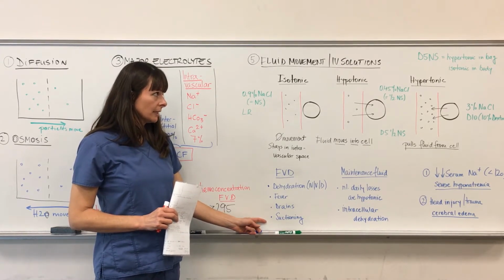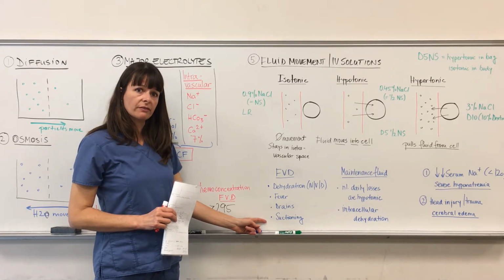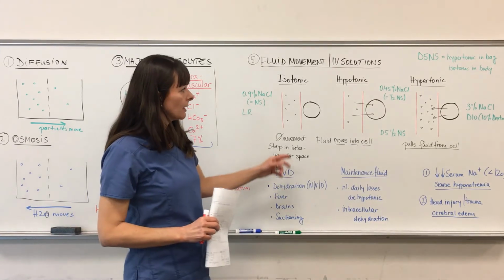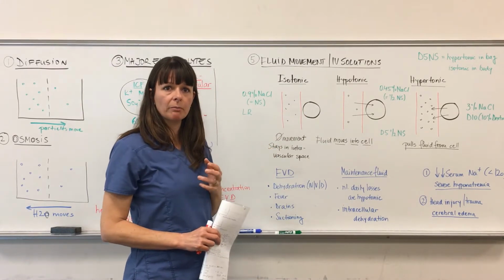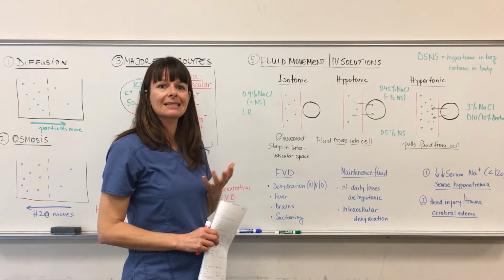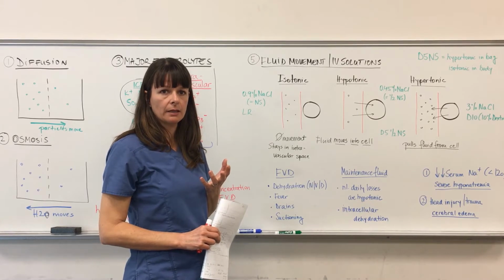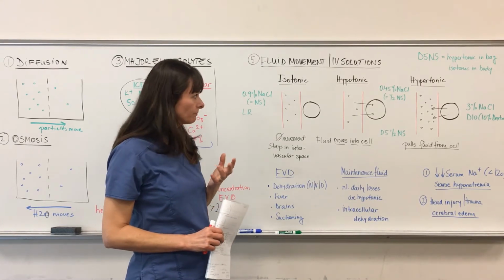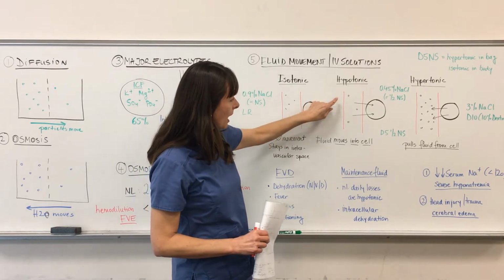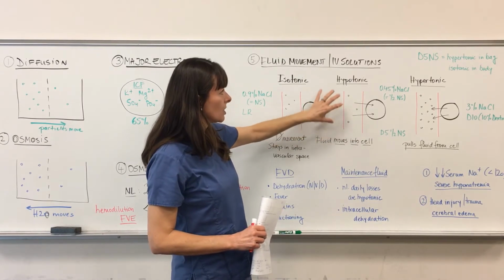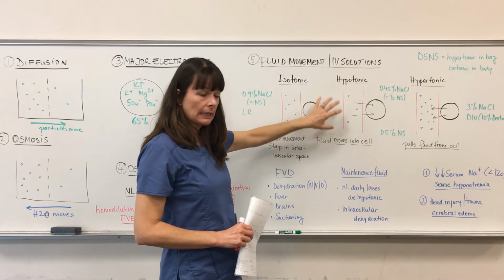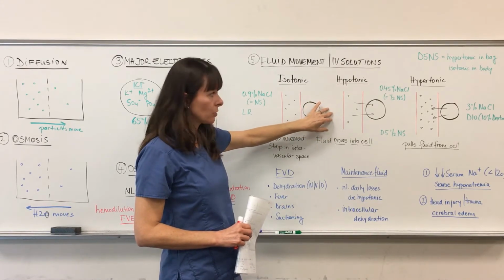Now, the second type of IV solutions we have here is hypotonic IV solutions. Hypotonic means that the concentration is less than the serum. So if we give the patient hypotonic solution, you see I've only drawn 3 particles here, so there will be more fluid than particles administered to the patient.